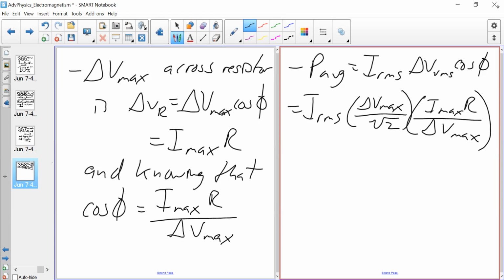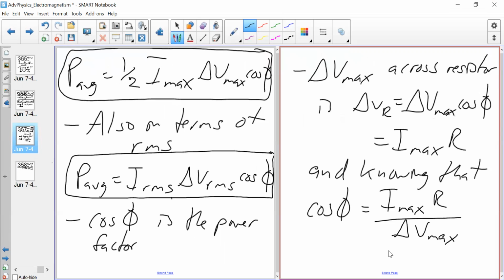Let me go back to this part, because admittedly, I flubbed that explanation. So this is what it really is. I just rethought it, looked at the equation, and I'm like, wait a minute. We know that power is I times delta V, that's one expression.